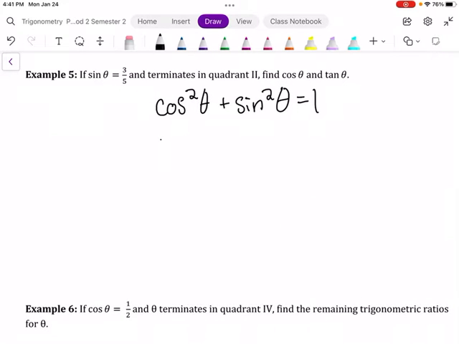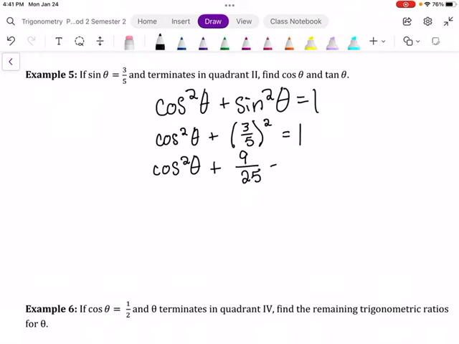And we already know that sine is 3 over 5. If we go ahead and plug that in, we can solve for cosine. We square the top and the bottom, and then we would want to subtract that from both sides.